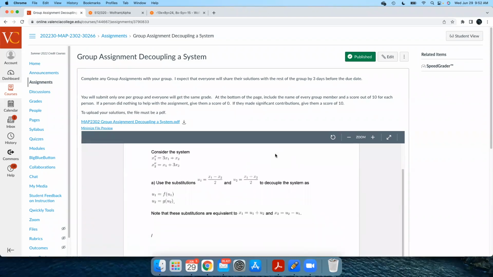Okay, so you got to make a bunch of substitutions. Our goal here is to get an equation that has u1 double prime equals a bunch of stuff that only has u1 in it. And u2 double prime only has u2s in it. So that we can just solve each second order DE independently, then go back and solve for x's.